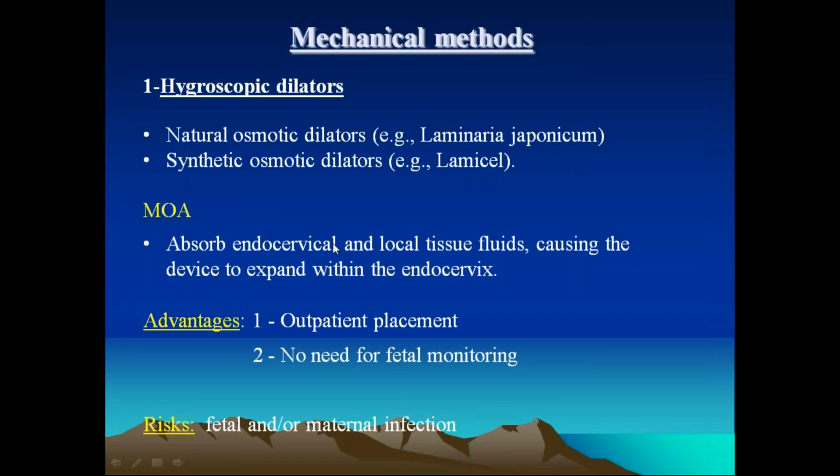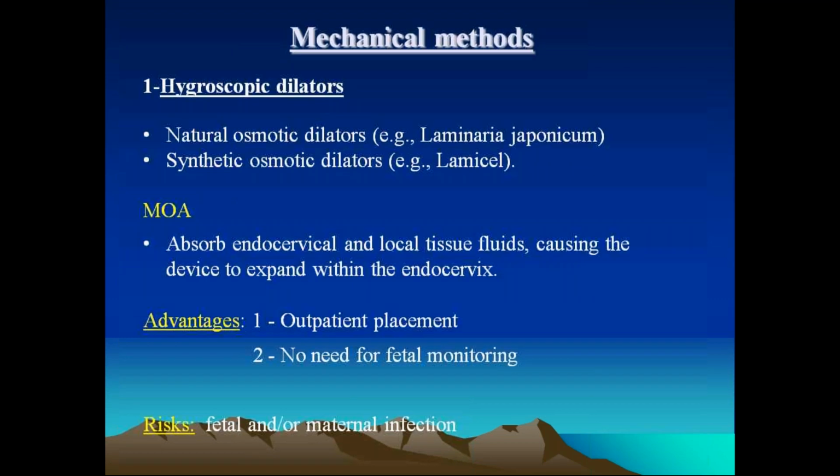Coming to the mechanical methods, we'll discuss hygroscopic dilators. These can be either natural or synthetic osmotic dilators. The natural ones are laminaria tents, that is Laminaria japonicum. We'll insert laminaria tent sticks in the external os and internal os.